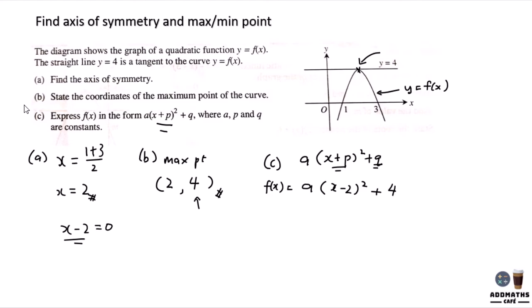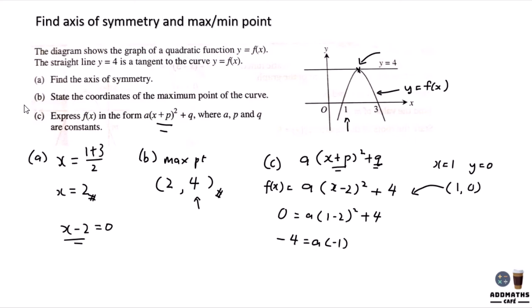Now you are required to find a. To find a, just substitute any root. So let's say I'm using this root. This root will be x equal to 1, y equal to 0, as the coordinate shows (1, 0) over here. Just substitute the value into this equation. 0 equal to a(1 minus 2) squared plus 4. So negative 4 equal to a(negative 1) squared.